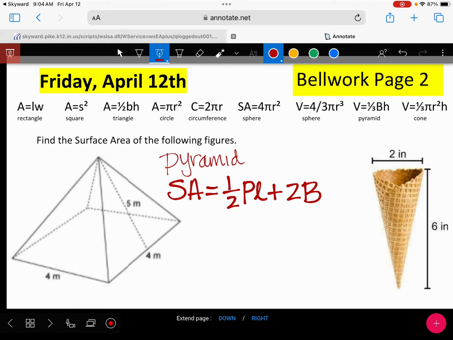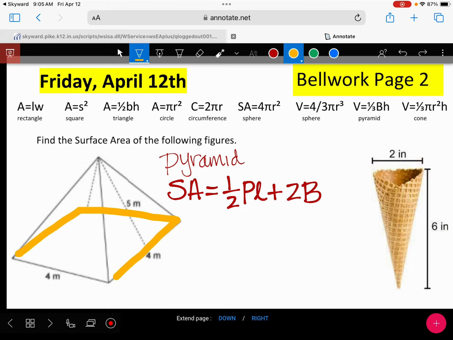So perimeter is the base. And what is on the bottom of this pyramid? What's the shape that you see on the bottom of the pyramid? A square or a rectangle. Technically it's a square because all sides are the same. To find the P, your perimeter, you have to add up all 4 of these sides.